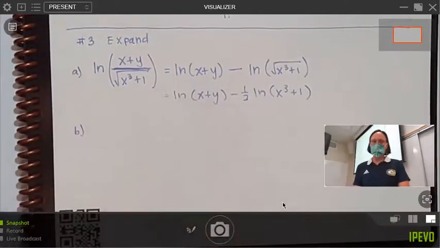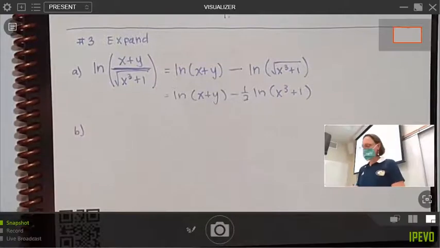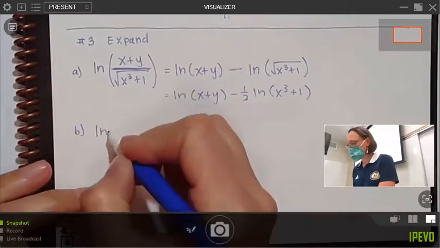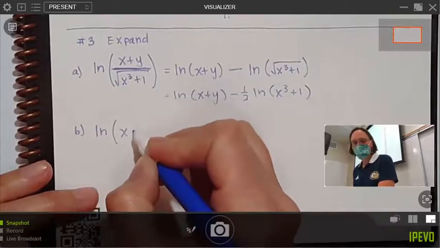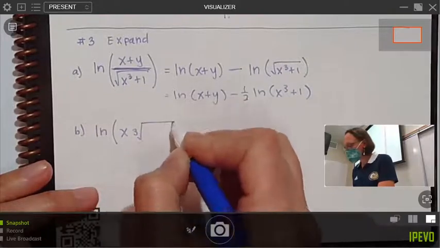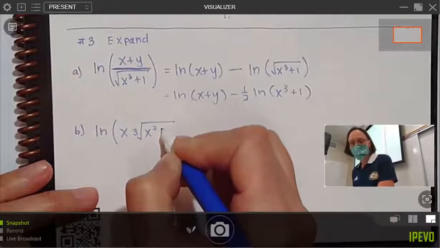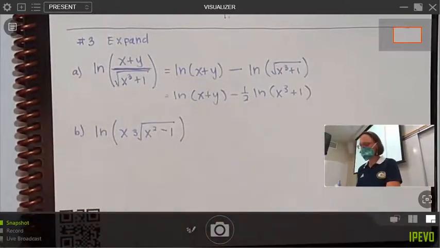Let's take a look at that second one. And the second one, I've got natural log, the absolute value of x times the cube root of x squared minus 1.